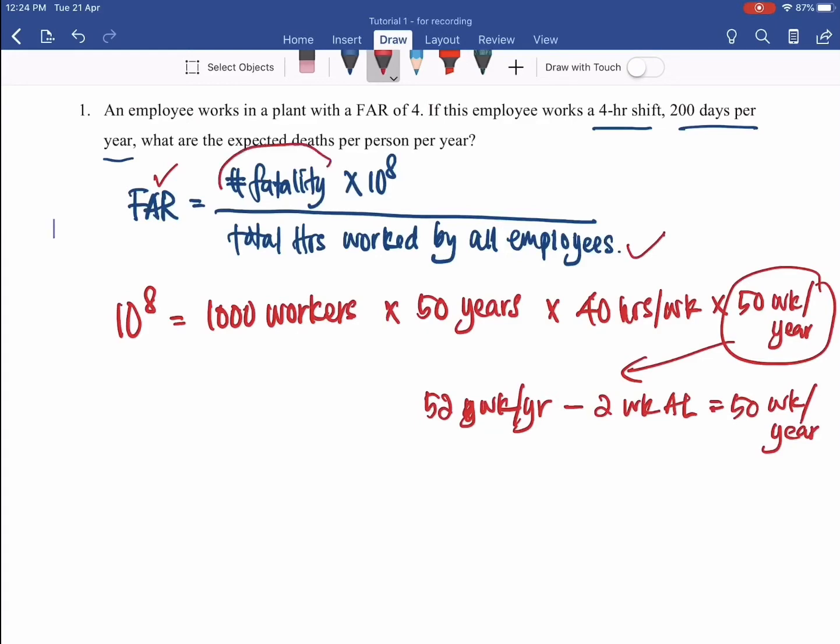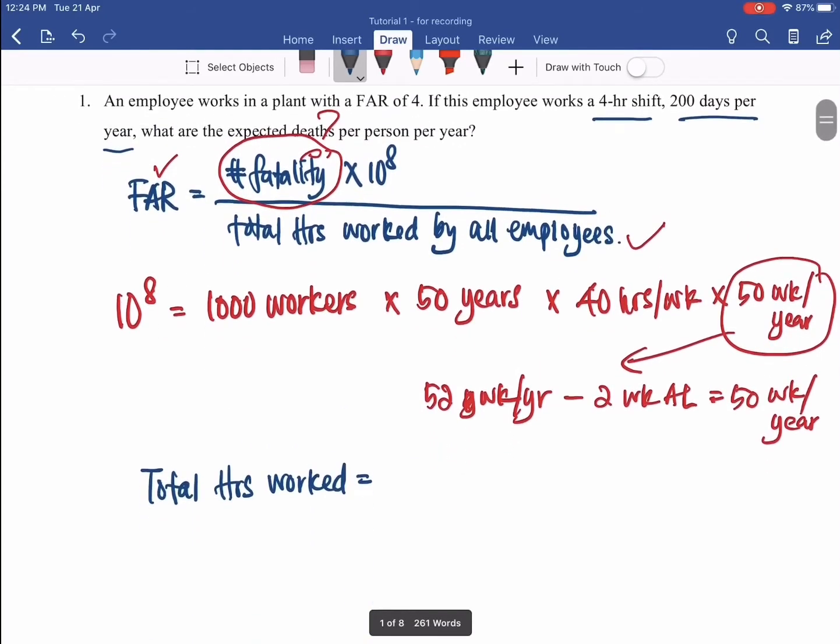So now we want to find the expected death per person per year. First I will calculate the total hours worked.